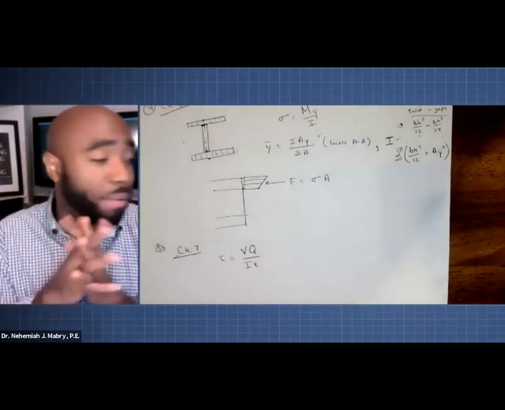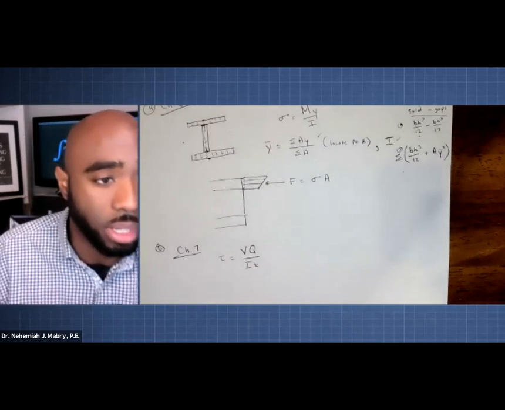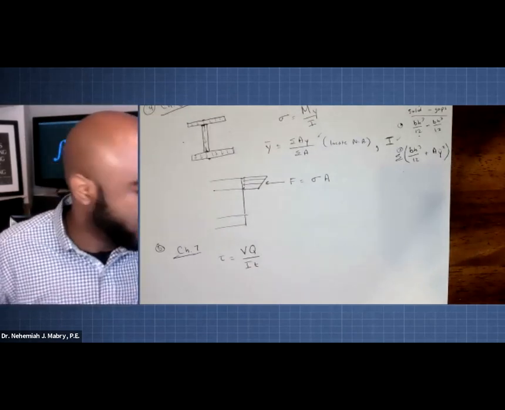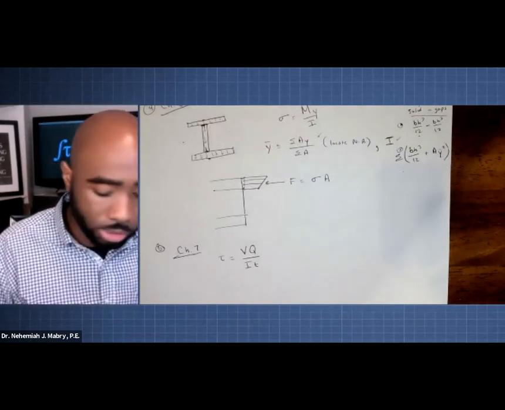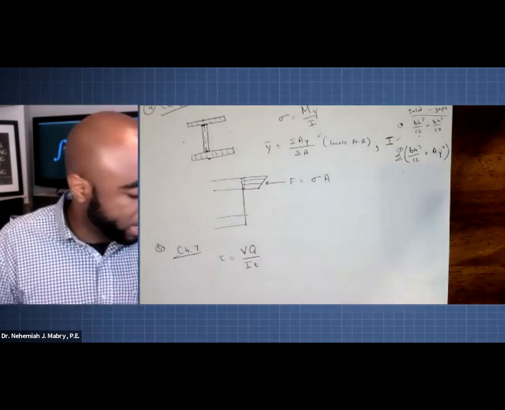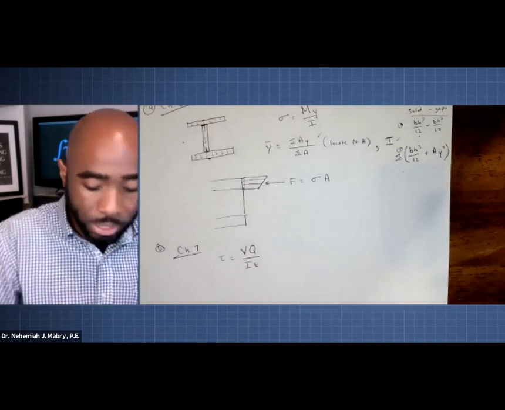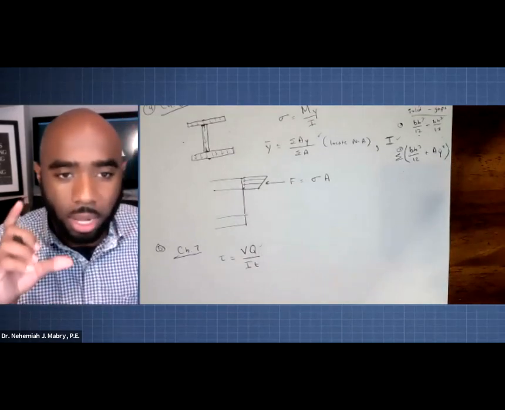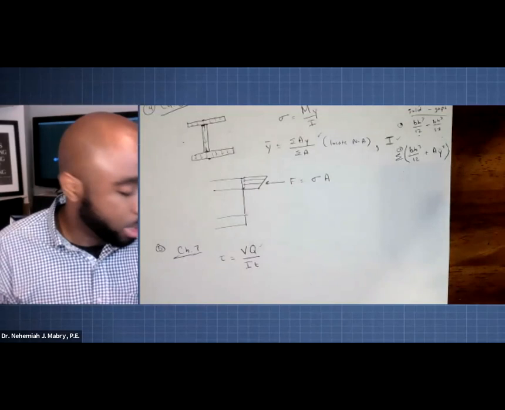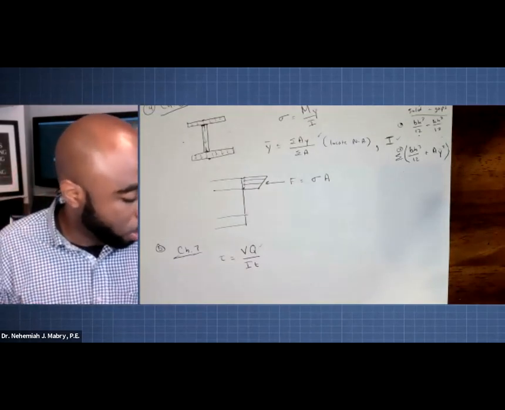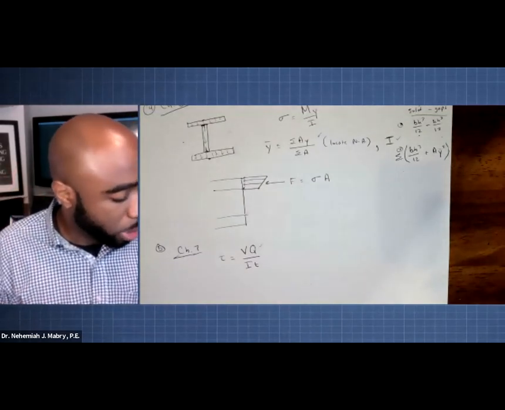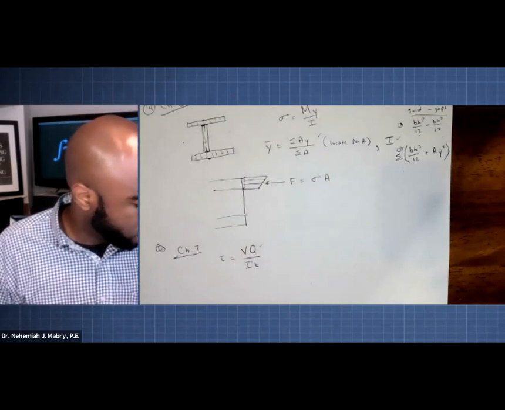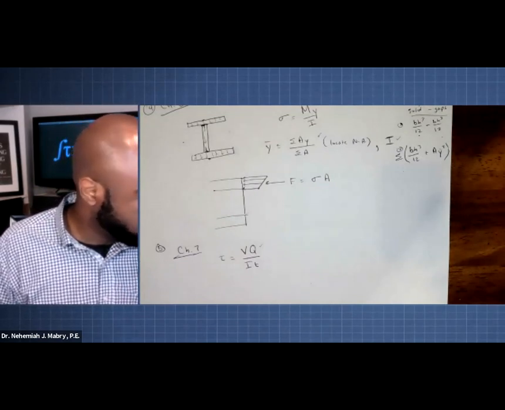And again, if you're here live, I do encourage your questions here if you're having a hard time understanding this. So tau is VQ over IT. Q is what I said is everybody's favorite because it's one of those terms that you aren't able to visualize always, but once you use it a couple of times, you can get more comfortable with what it is.